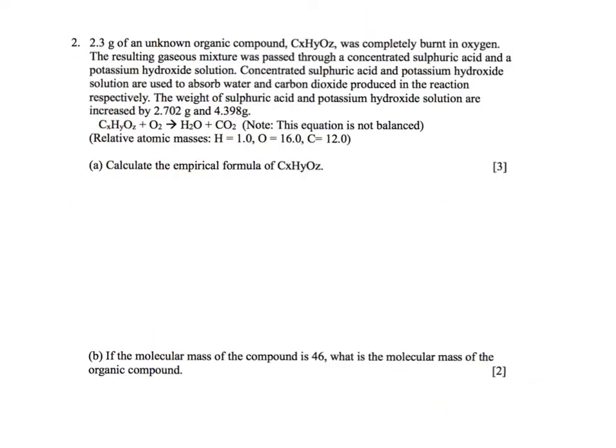Next will be a type 3 question, because you see that this one will be completely burned, and then they give some products. I tried to simplify this for you already, because I have concentrated sulfuric acid and potassium hydroxide. Later on, when you learn more about chemistry, you will know that concentrated sulfuric acid absorbs water, while potassium hydroxide absorbs carbon dioxide.